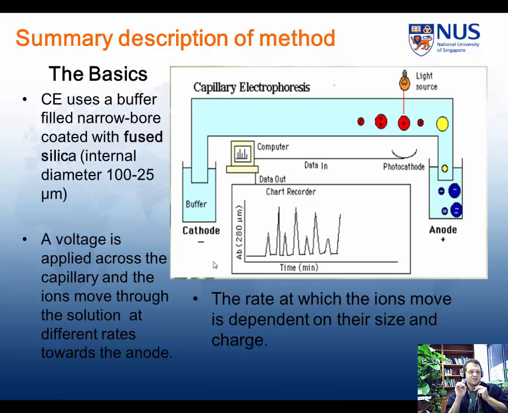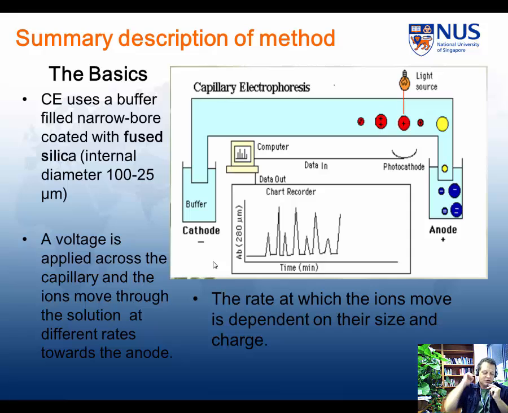toward the electrodes. Now, the separation with capillary zone electrophoresis is based on the difference in electrophoretic mobilities, resulting in different velocities of migration of ionic species in the buffer contained in the capillary.